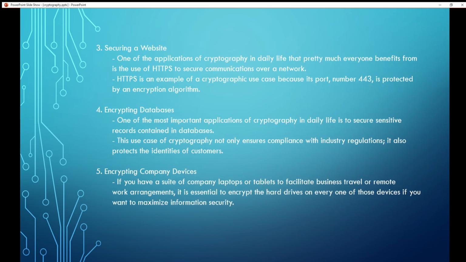Third, securing a website. One of the applications of cryptography in daily life that pretty much everyone benefits from is the use of HTTPS to secure communications over a network. HTTPS is an example of a cryptographic use case because its port number 443 is protected by an encryption algorithm.